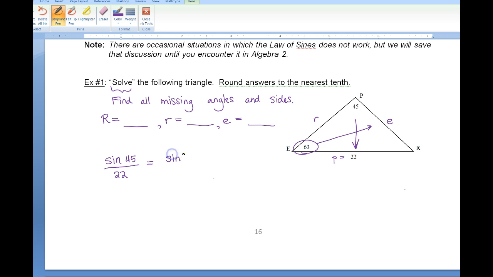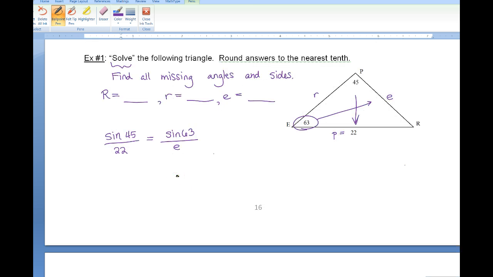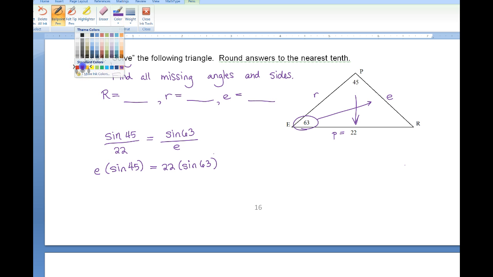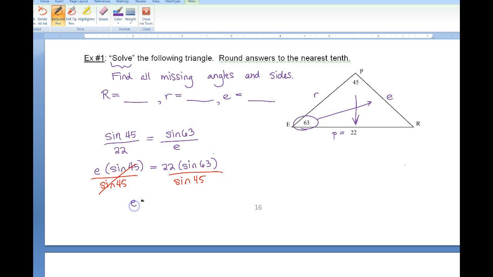So I have sine of 63 over e. From here, it doesn't look so simple, but it's basically just cross multiplying. So it's going to be e times the sine of 45 equals 22 times the sine of 63. And then what do I want to do? I want to cancel out that sine of 45 degrees. So I'm going to divide both sides by sine of 45. So basically these cancel.